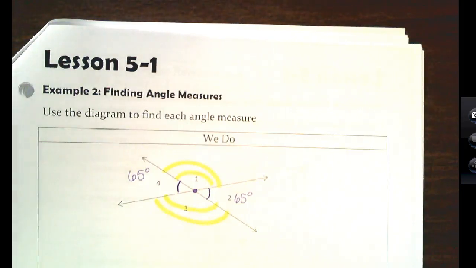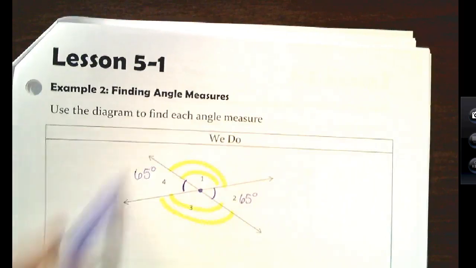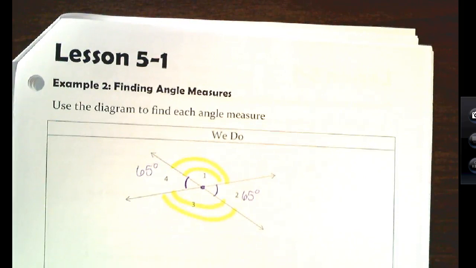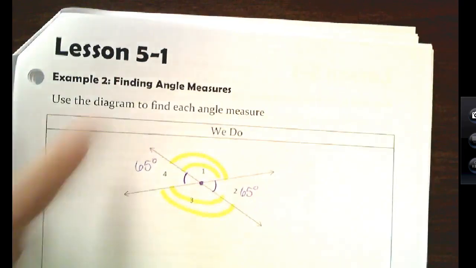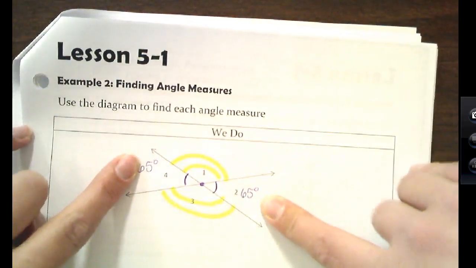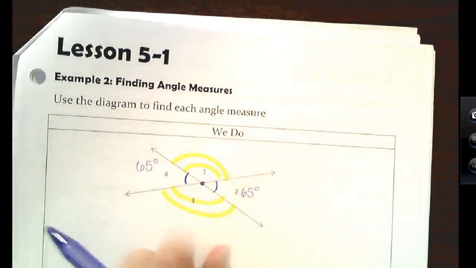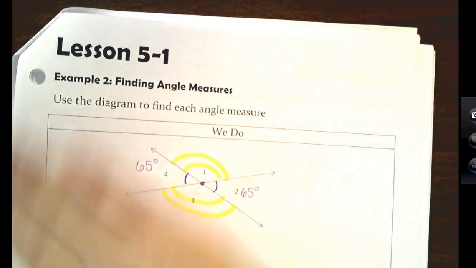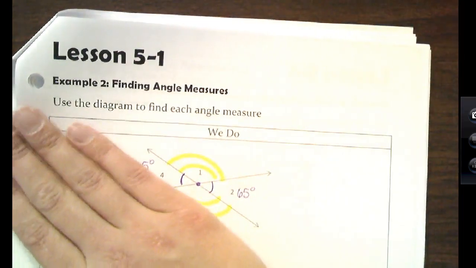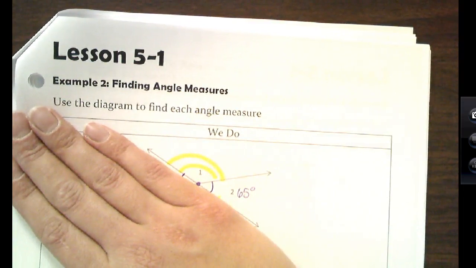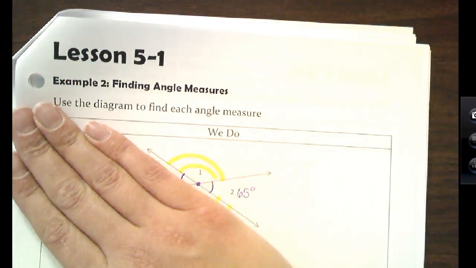Okay, very good. You're onto something. So this entire thing, an entire circle we talked yesterday, a whole circle is 360 degrees, right? So that could help us figure it out. We could do 65 plus 65, subtract it from 360, and then divide it by 2. Very good. There's something else we could do too. I'll give you a hint. 180. So that straight line right there is 180 degrees, right?